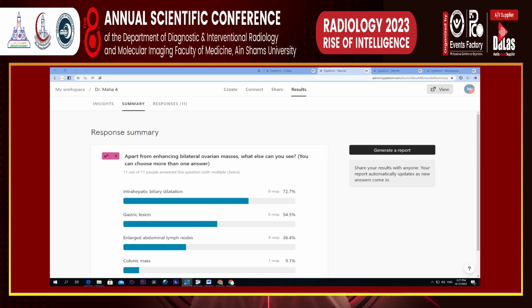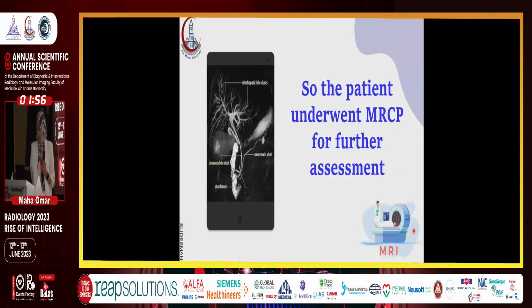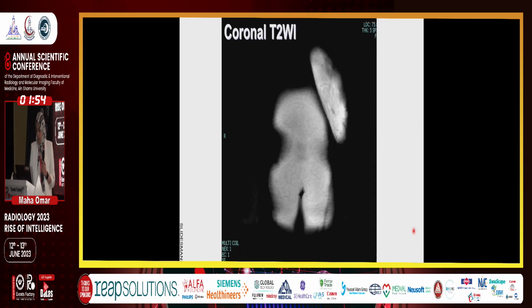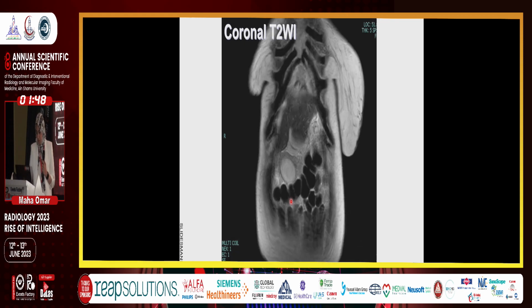So the patient underwent MRCP for the biliary dilatation. The coronal T2 weighted images again in the MRCP study.